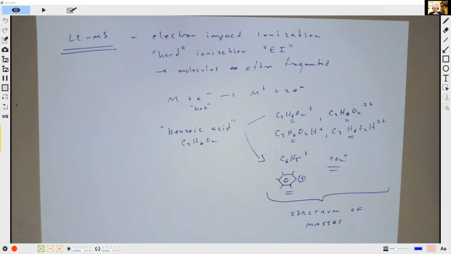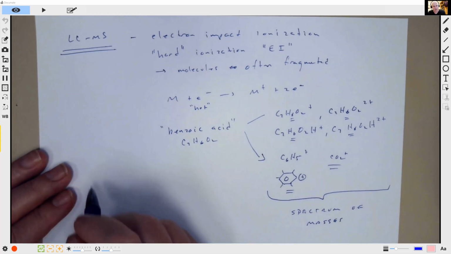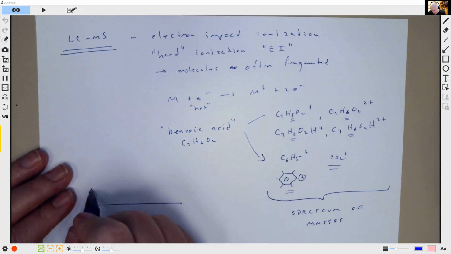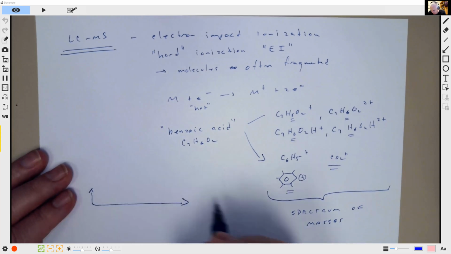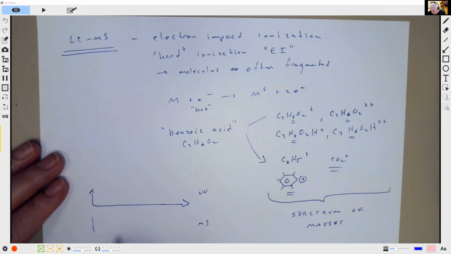So if, for example, let's say you have an LCMS, right? And you've got a UV detector, and then you've got an MS detector on the same instrument.